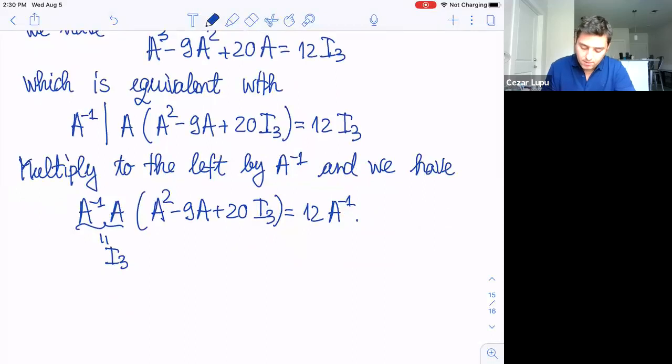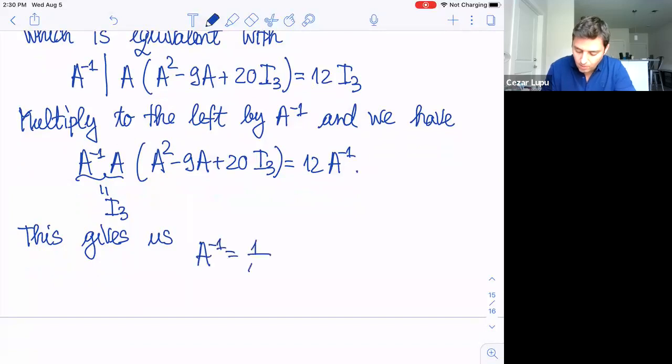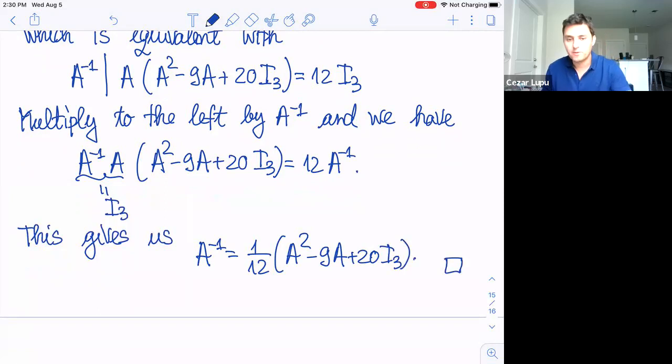And this gives us that 12 times A inverse is nothing else than just A squared minus 9A plus 20 times the identity. So A inverse is 1/12 times that. And that's it. This is how we find the inverse.